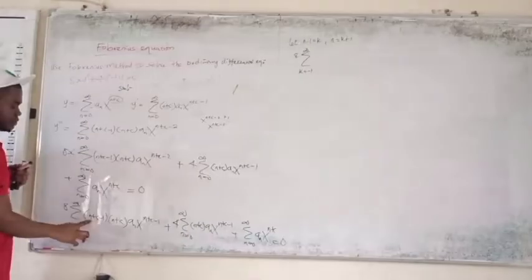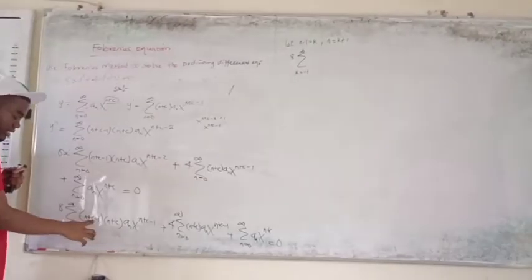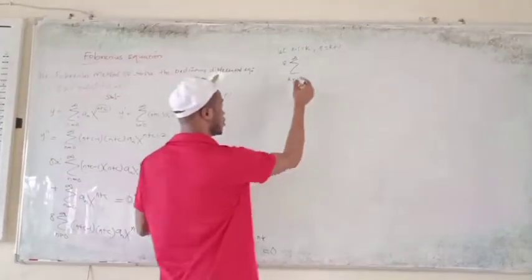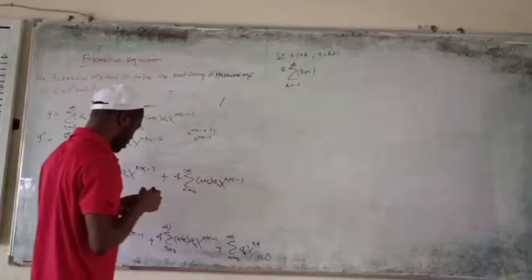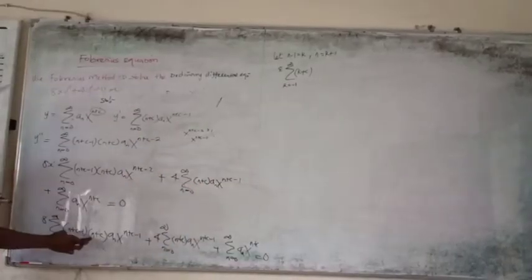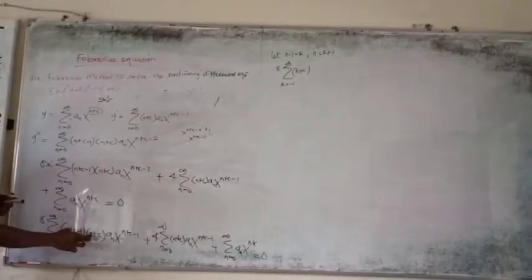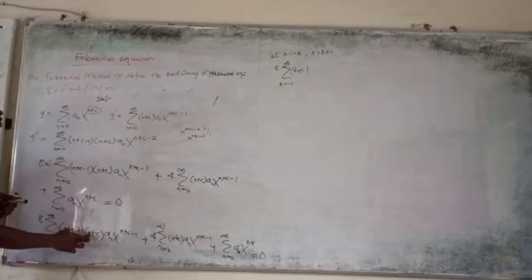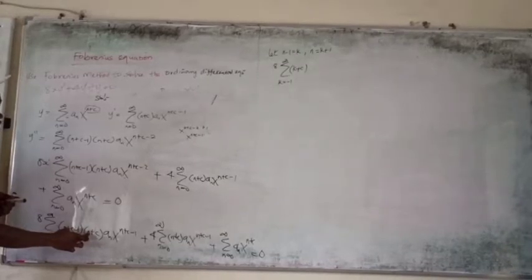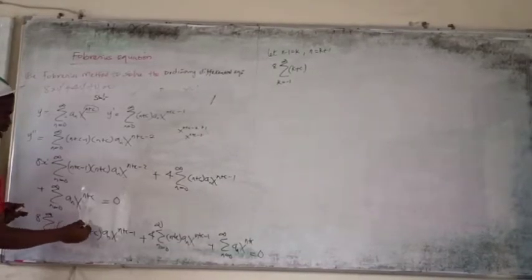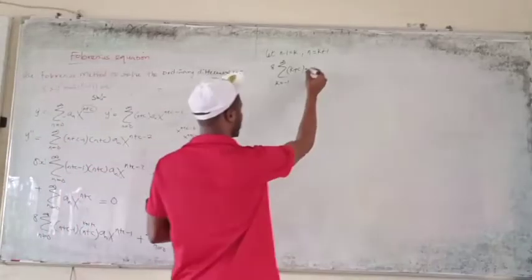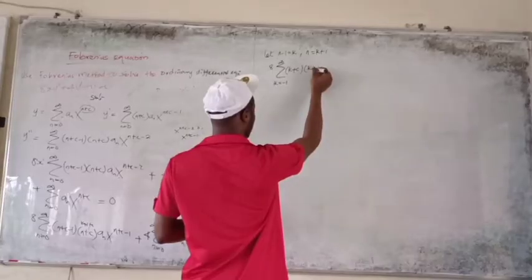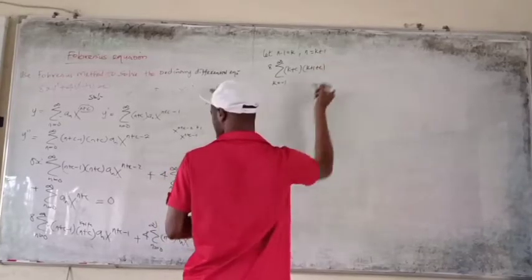So on this first bracket, I have k plus c. On the second one, I have n, which I know is k plus 1, so I have k plus 1 plus c.